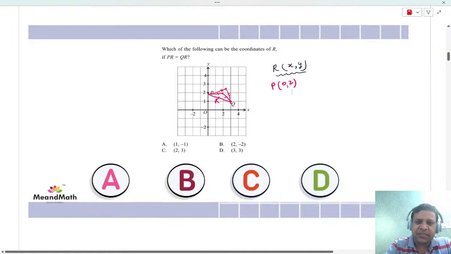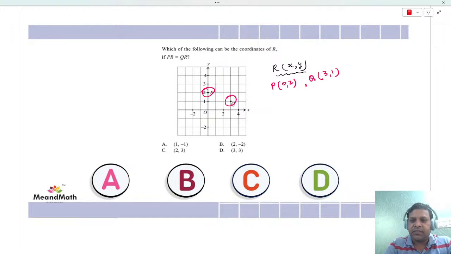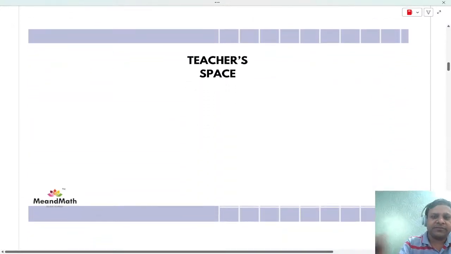We can check in the graph. Yes, so this is P and this is Q. What is Q? Q is 3 comma 1. Now you have to find the distance PR. So we will solve the question.